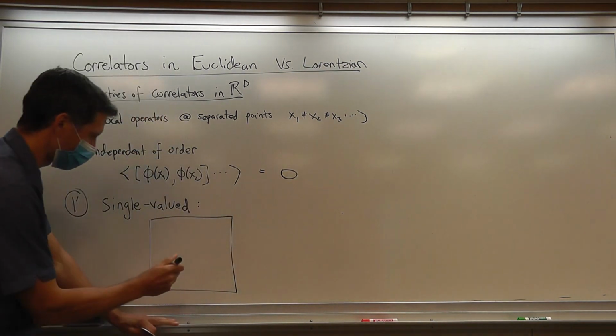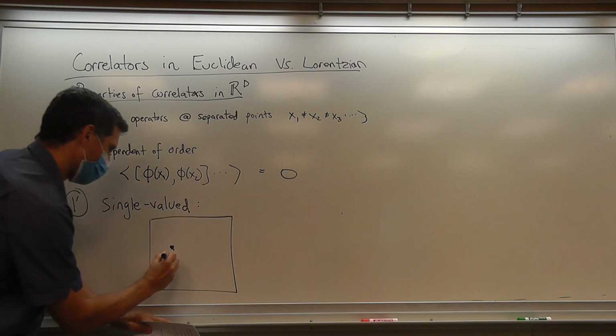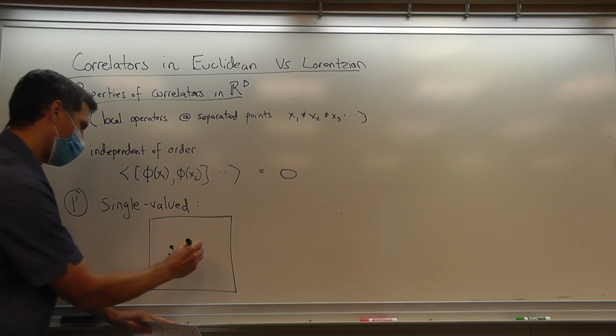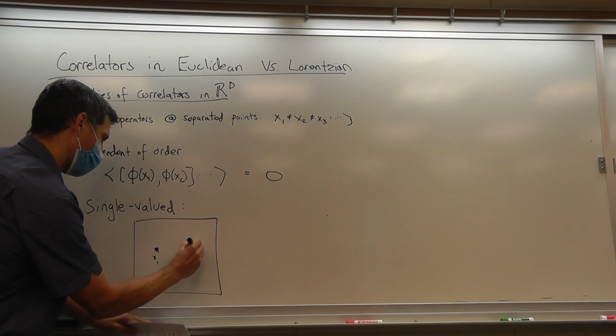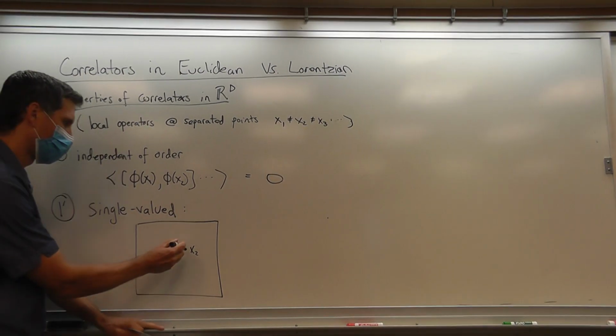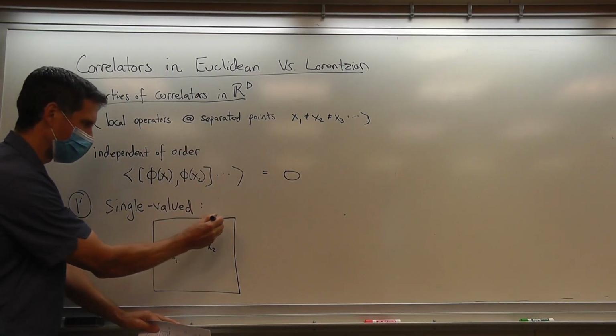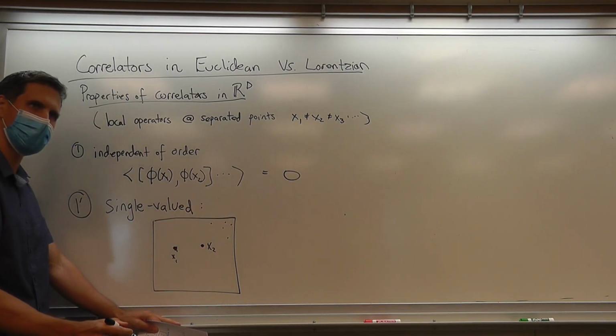Okay, so if we have a point x1, and we have a point x2, and we have some correlation function that involves these and possibly some other points off somewhere else.